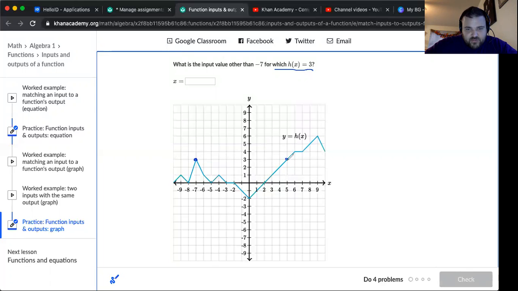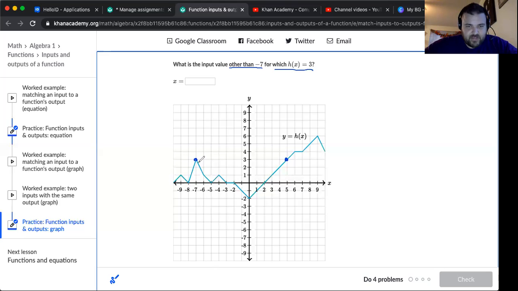It turns out that there's two inputs that give the same output, and that's okay. And that's why they had this question that says, what is the input value other than -7? So -7 is not the answer, even though that is an input that produces an output of 3. They want to know what's the other one.